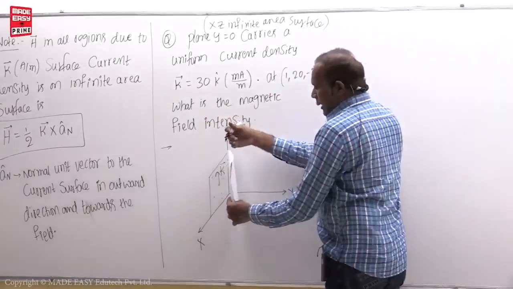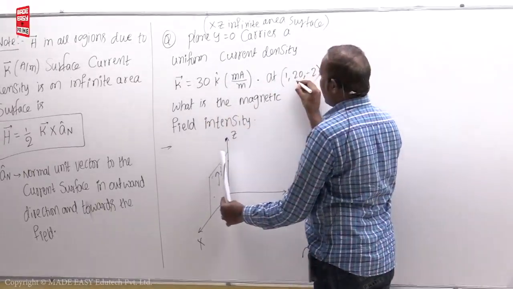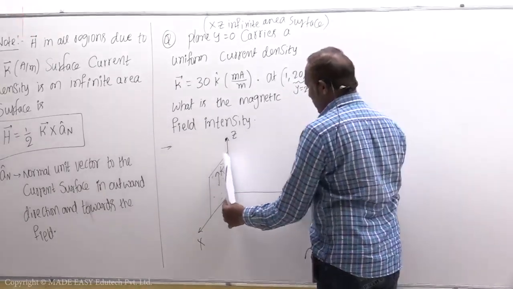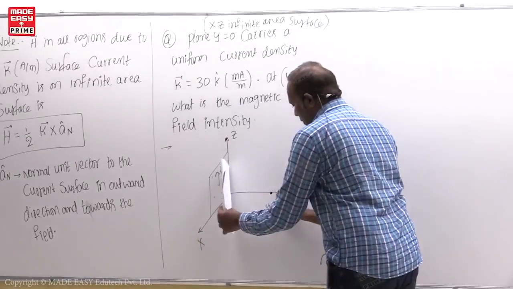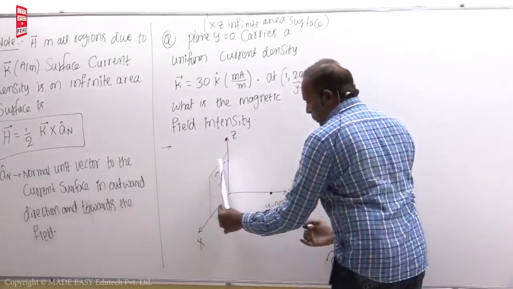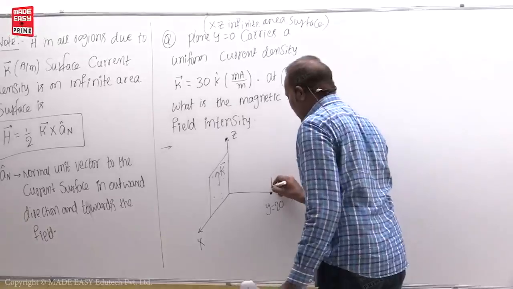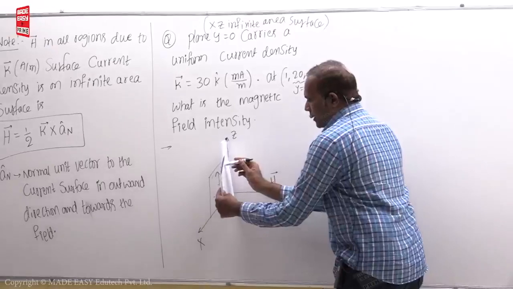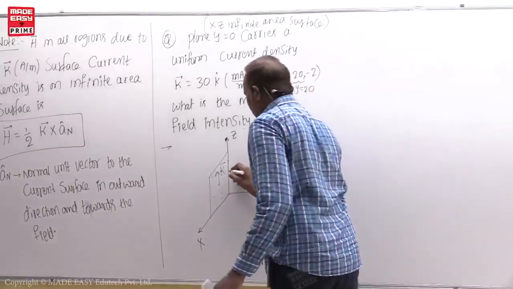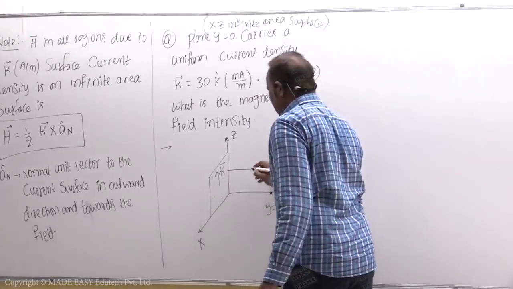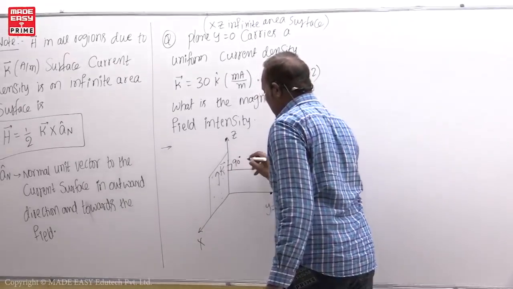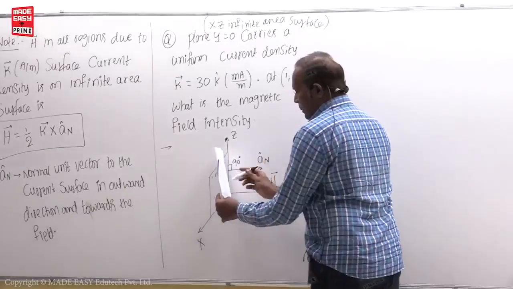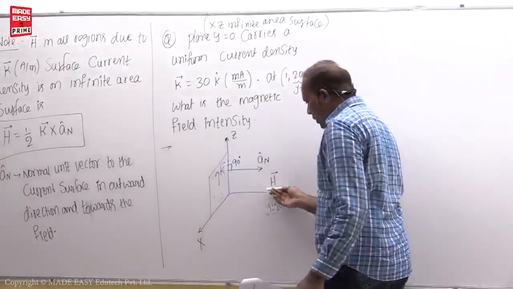Magnetic field is required in front of the surface because at the magnetic field location the y value is 20. So you want H bar at y is equal to 20. 20 is in front of the surface, so H bar is required here. Now the normal unit vector to the surface, away from the surface, is like this, at 90 degrees. Normal unit vector to this current surface, away from the surface and towards the field point.